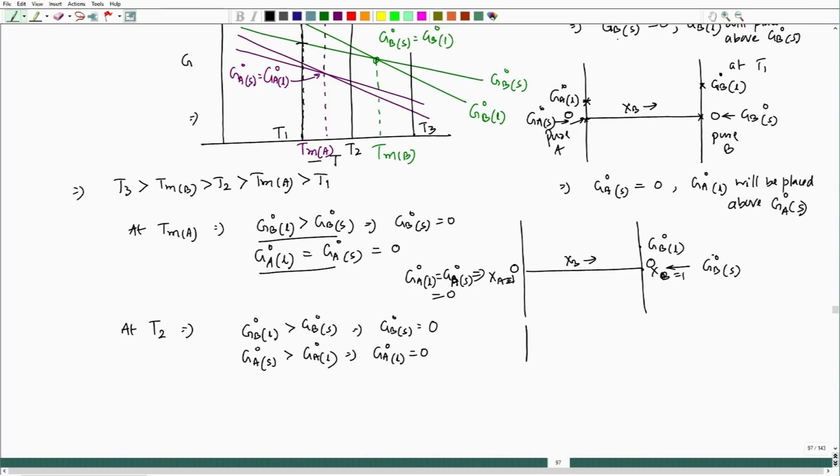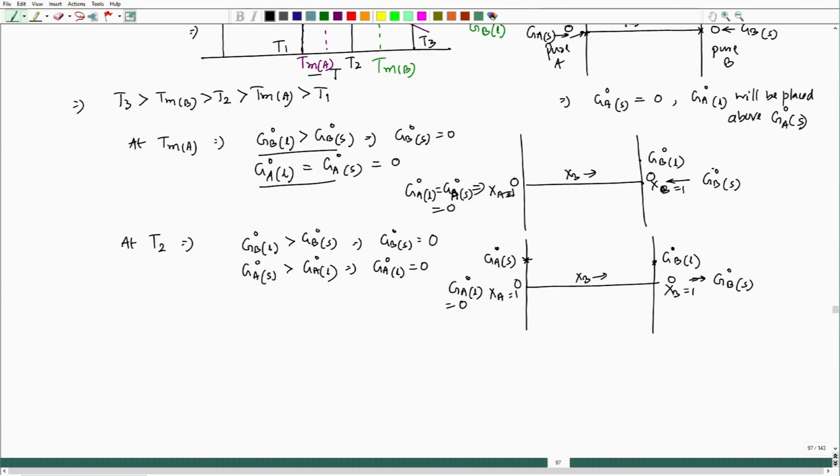So, if I try to plot over, this is 0. Here still it will be GB naught solid, and on this side GA naught liquid has to be taken as 0, and correspondingly GA naught solid will be placed above GA naught liquid, and here it will be GB naught liquid. So, that is the condition we will have.